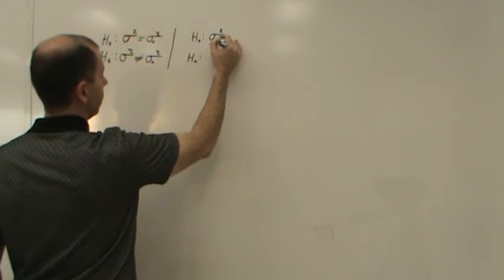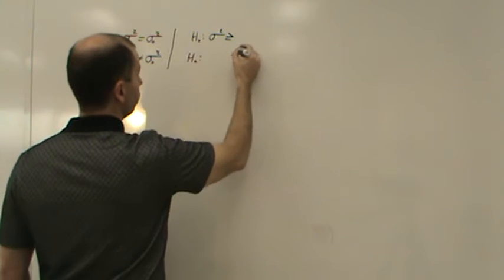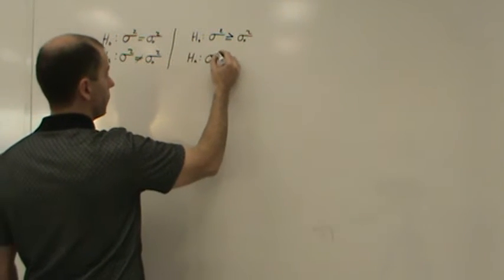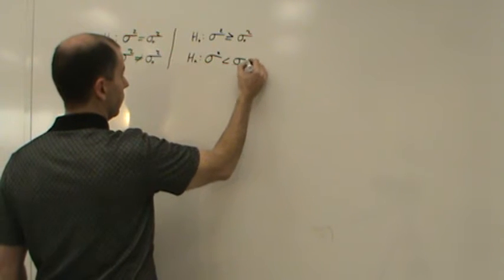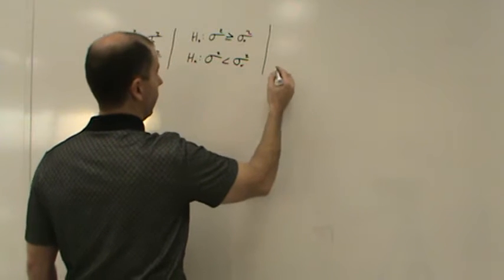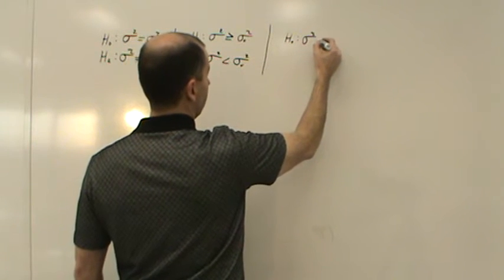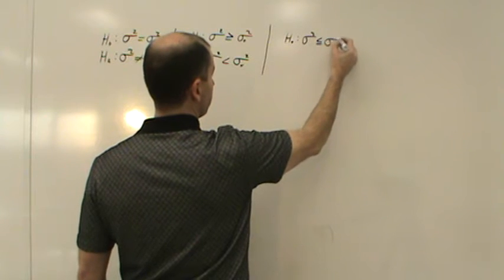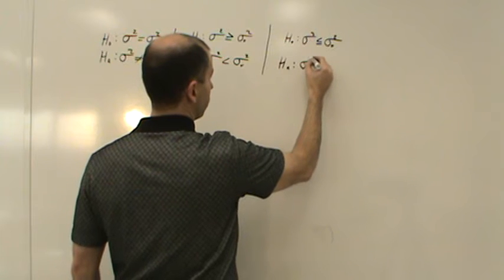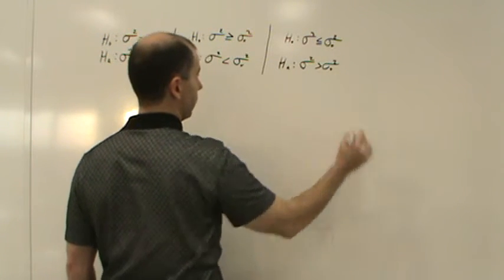Sigma squared is greater than or equal to sigma squared naught versus sigma squared is less than sigma squared naught. And then finally, I can have sigma squared is less than or equal to sigma squared naught, and sigma squared is greater than sigma squared naught.